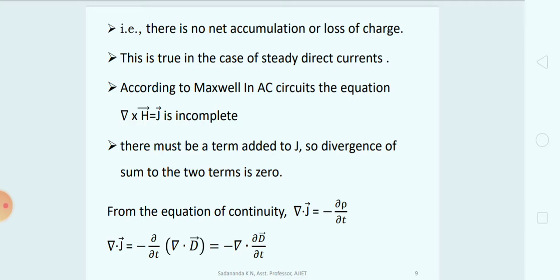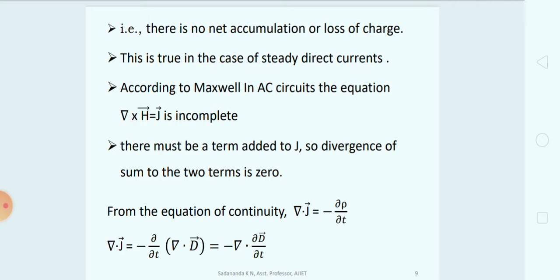However, in an AC circuit containing a capacitor, the current starts at the positively charged plate, and the charge diminishes as the current flows to the negatively charged plate. So it will accumulate in the negative plate. Here we can think of the condenser plates as sources or sinks of current.